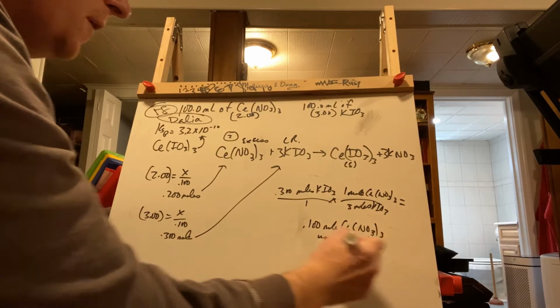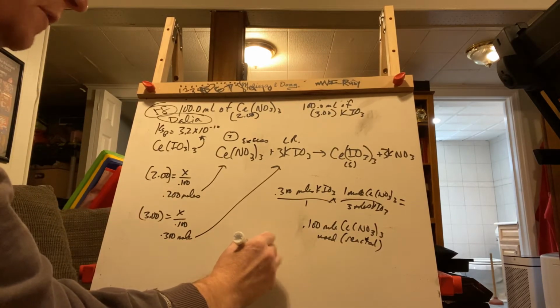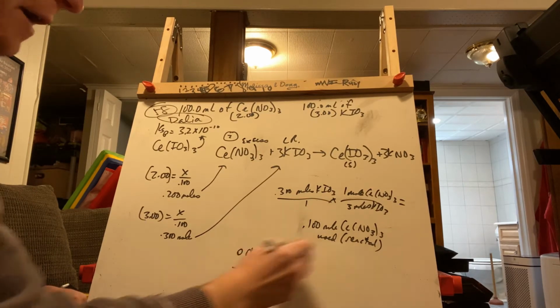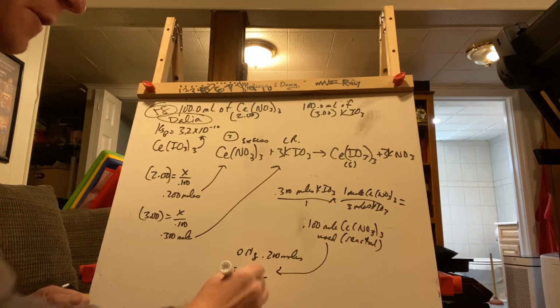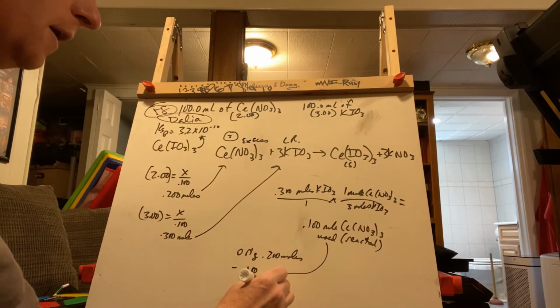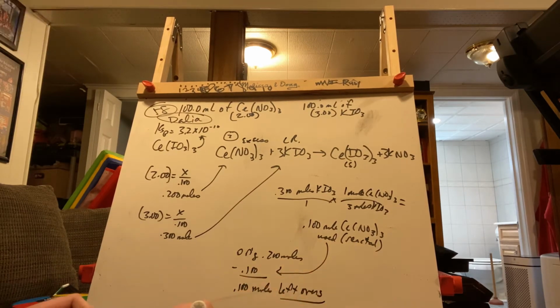So therefore, you originally had 0.2 moles, and you would subtract the used moles, you'd end up with 0.1 moles leftovers in solution.